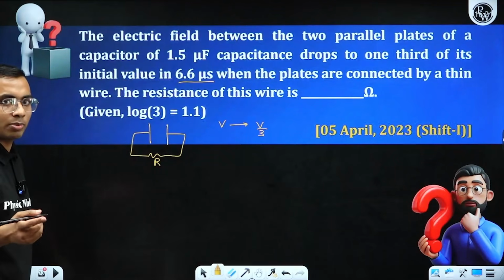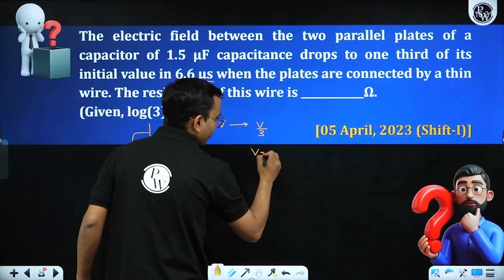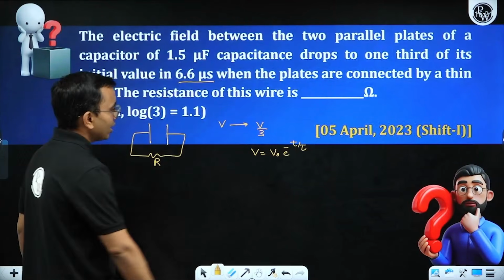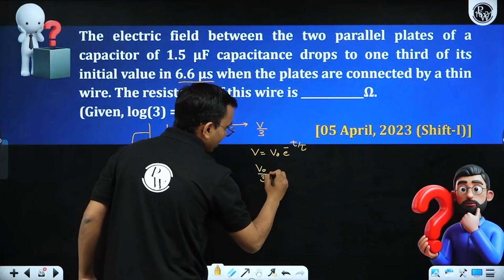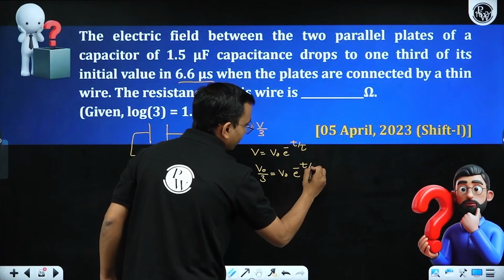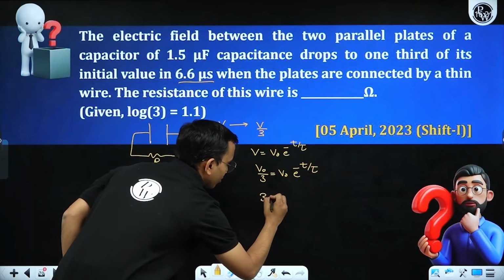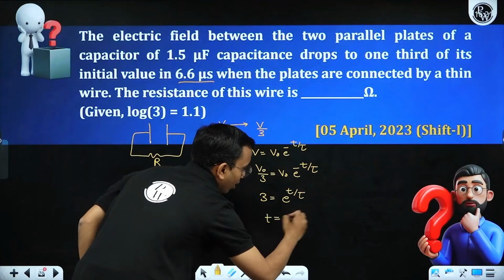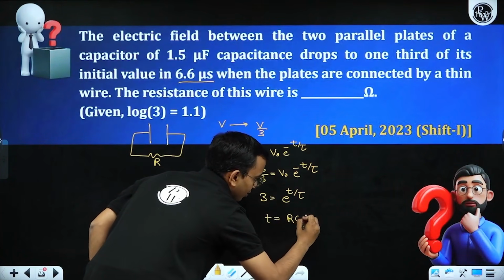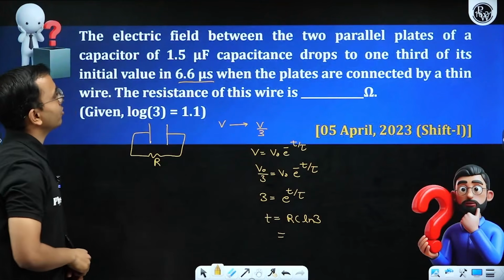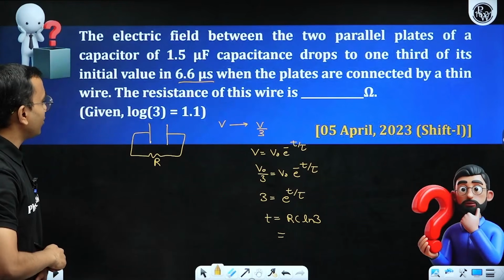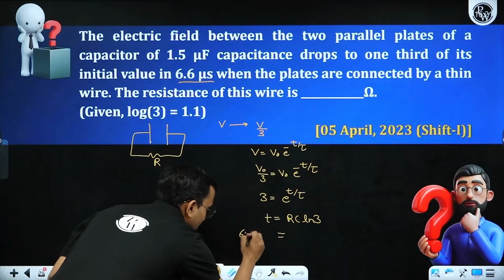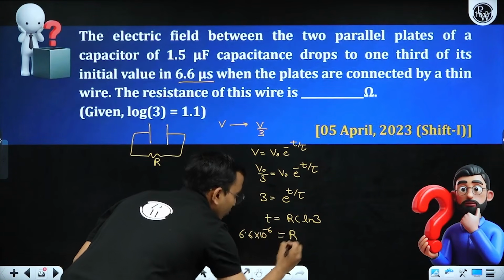How to write the potential across a discharging capacitor? V is equals to V naught into e to the power minus t by tau. This formula you already know. What is V now? V is V naught by 3 is equals to V naught into e to the power minus t by tau. So 3 is equals to e to the power t by tau. From there, t is equals to tau, that is RC ln 3. Put the values. R we need to find. T is 6.6 microsecond.